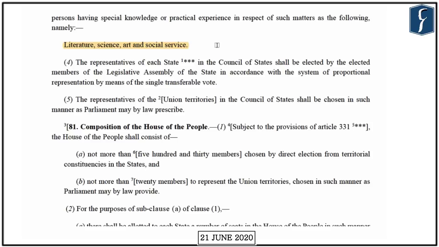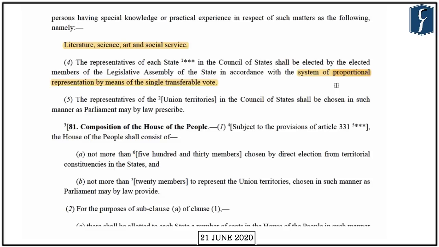But the core theme for this discussion is about system of proportional representation by means of single transferable vote, because Article 84 says the representatives of each states in the Council of States shall be elected by the elected members of legislative assemblies of the states in accordance with this system.